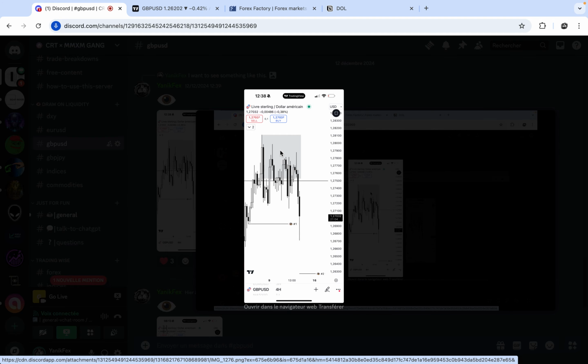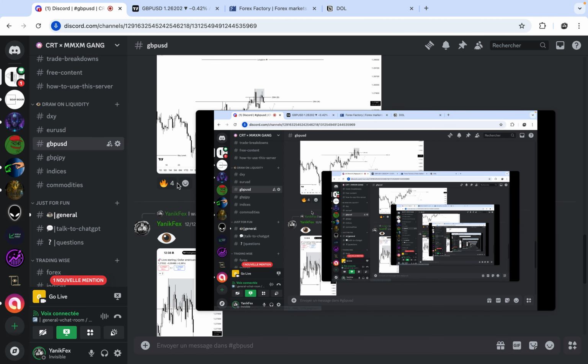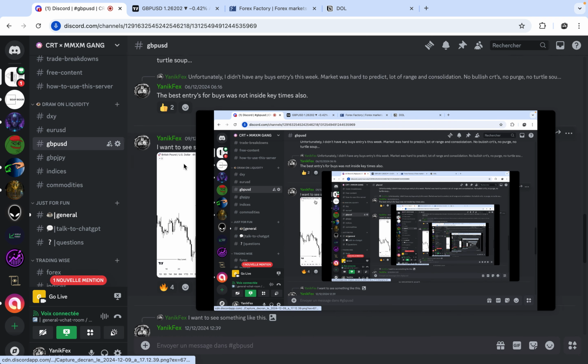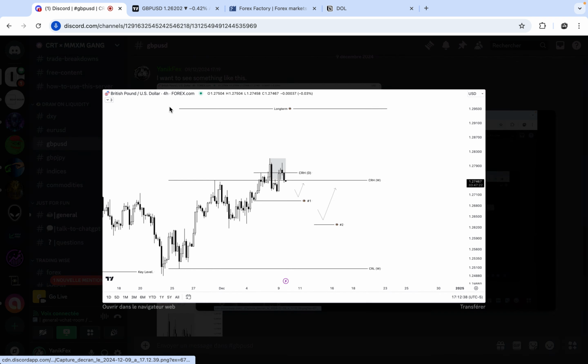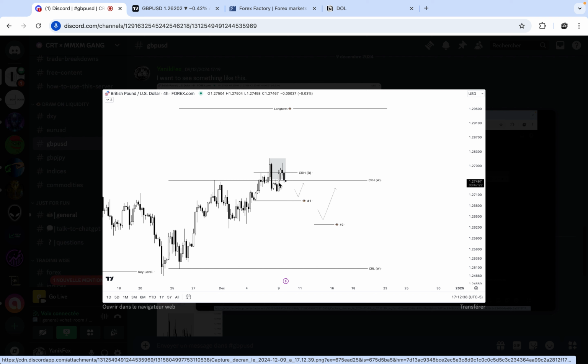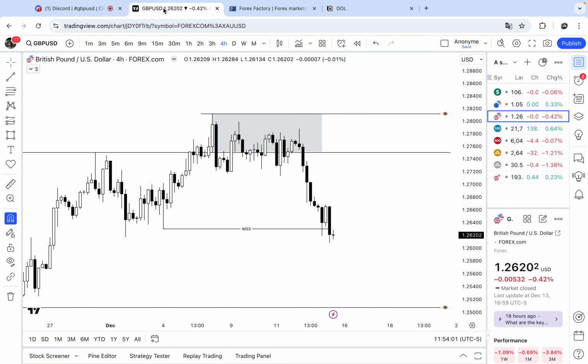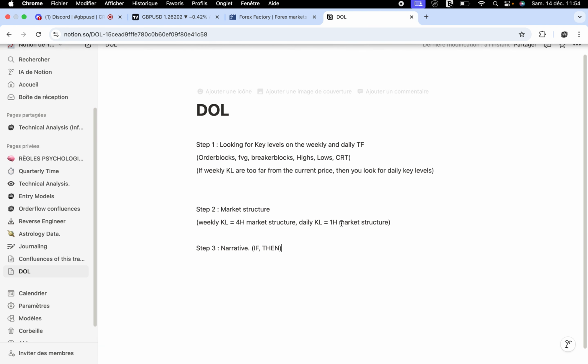It was like this. I marked it out on the drawn liquidities on GBP. I said I want to see something like this, right? Look, that was the entry. From here to here, 1 to 2, you cash out. That's it. That was on the weekly.